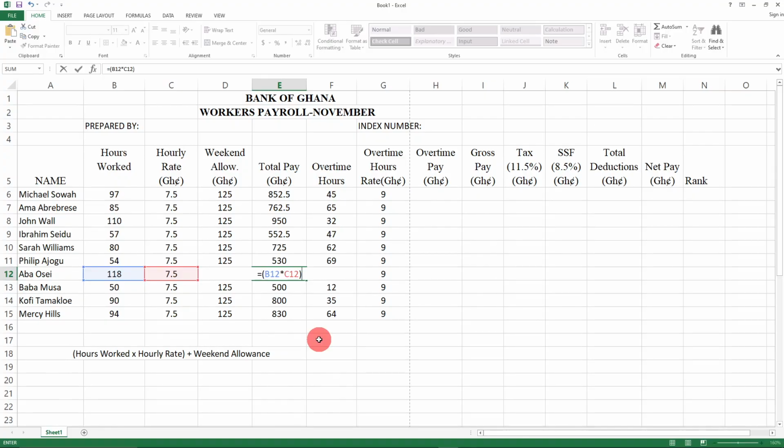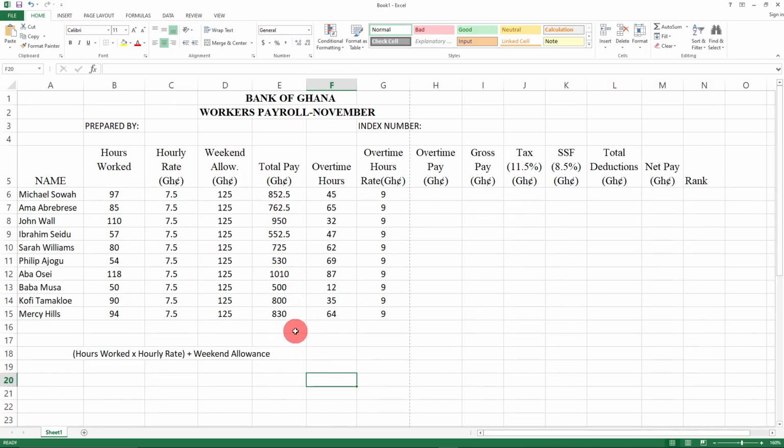We close it, plus weekend allowance, which is 125, which is D12. Yeah, which is D12. Okay, which is correct. Okay, so that's it.